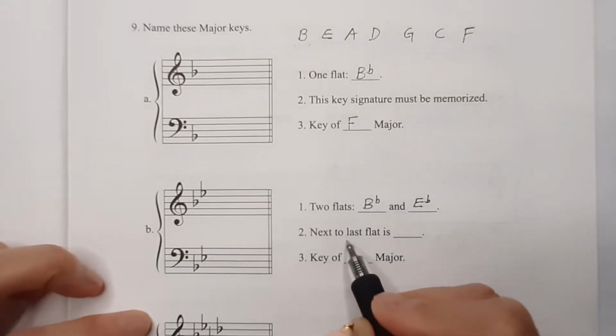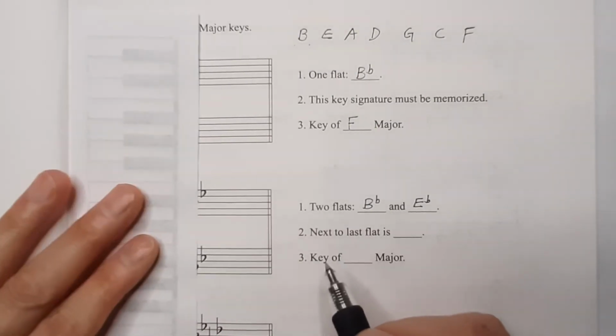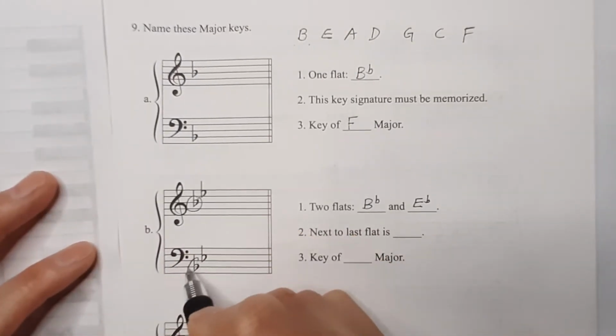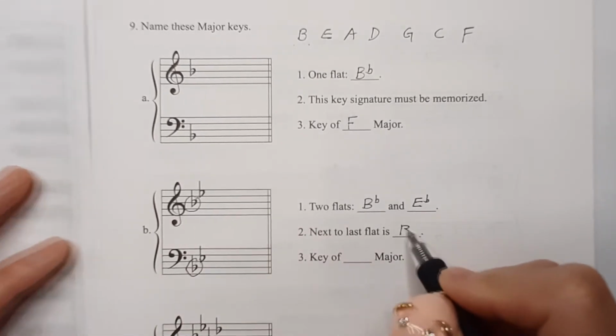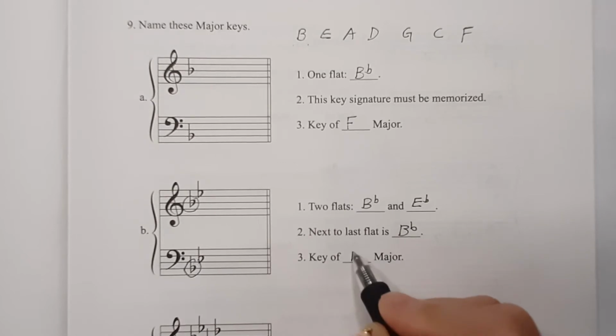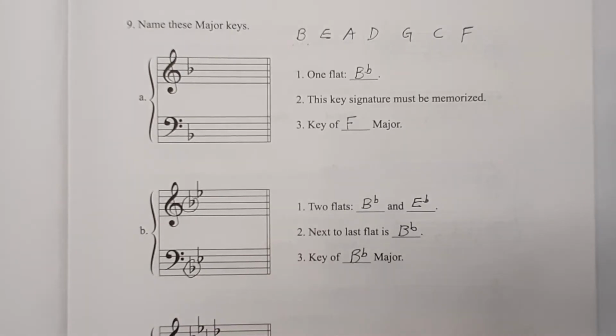Next to last flat is, okay, this is the last flat, and next to the last one is this, right? The B flat. So the key name is B flat. Okay, in the key of B flat major, there's B flat and E flat.